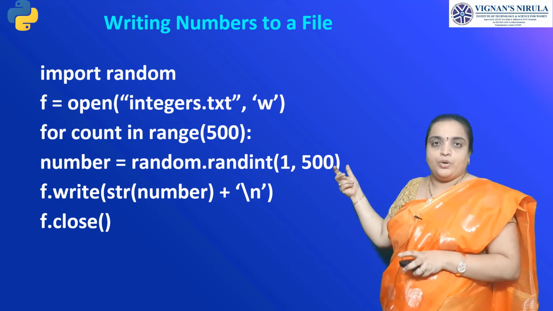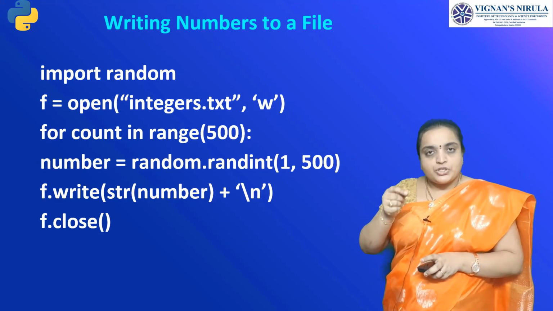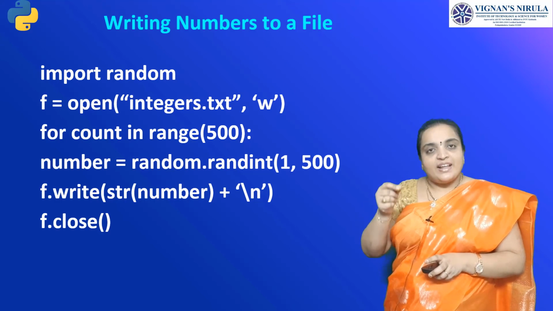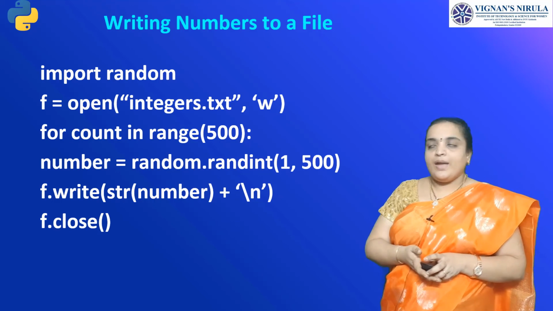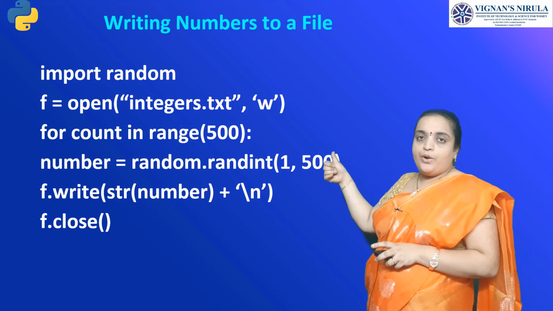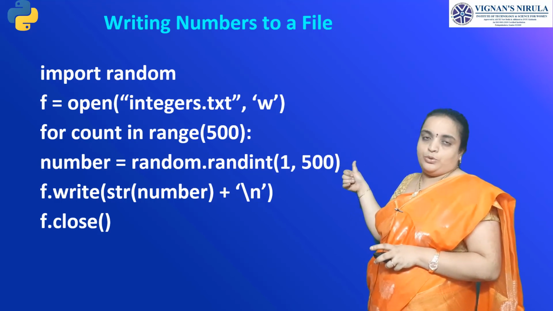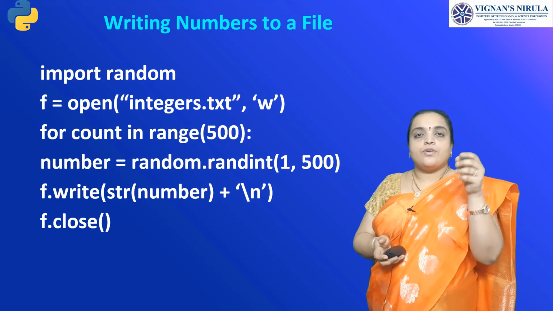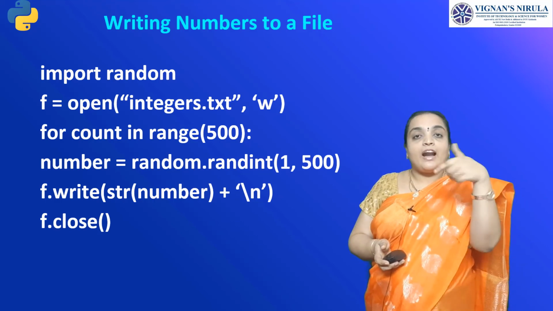In this random module, we have the randint function, which is used to generate random numbers. So what is our duty? Our duty is to first open the file in write mode, that is integers.txt in write mode. So for each count from 1 to 500, we are generating random numbers.